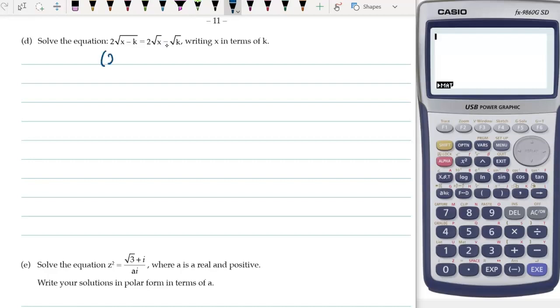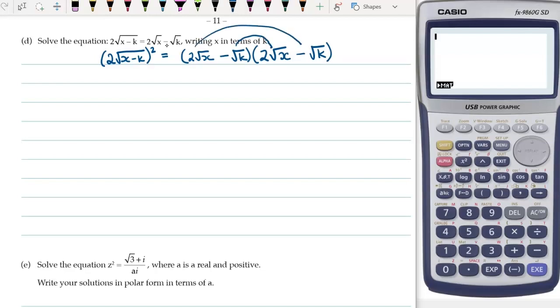If we square both sides to try and remove the square root, we have (2 root x minus root k) squared. Now it's best if you actually write that out as 2 brackets like this, because then you'll see that it's like when you multiply out the brackets of a quadratic, where it's easy to forget this one times this one if you're just squaring both sides.